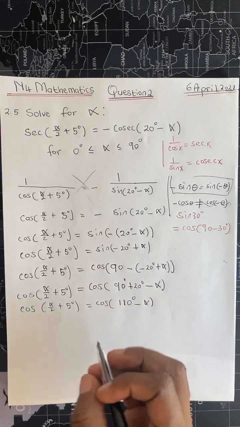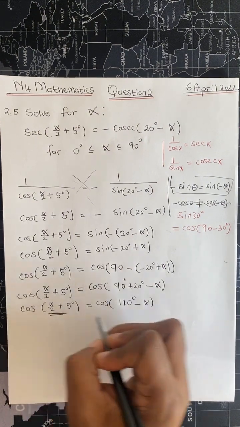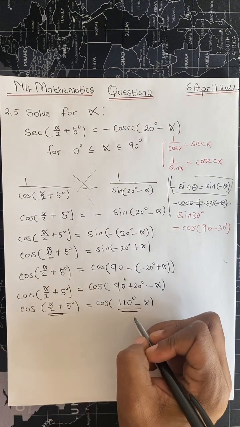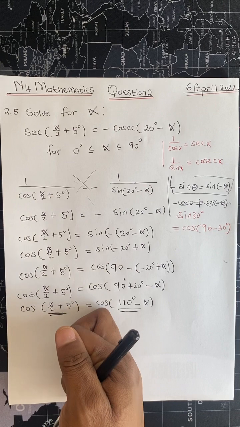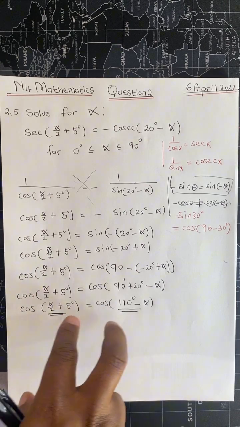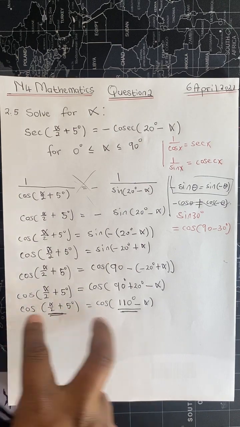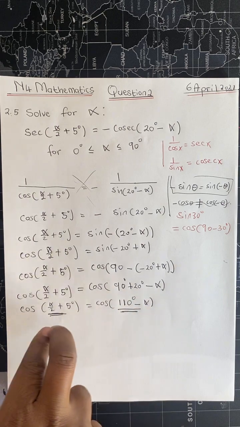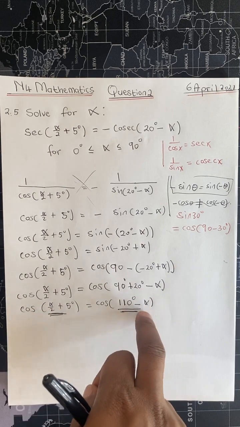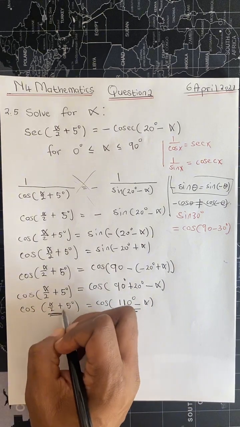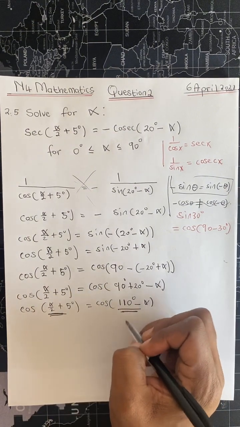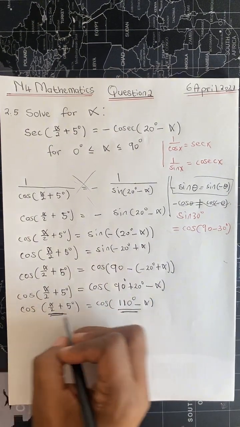So if cos of alpha over 2 plus 5 degrees is equal to cos of 110 degrees minus alpha, it means that whatever is inside them is equal. We have cos on this side, and we also have cos on that side. In order for this cos to be equal to that cos, whatever is inside both of them will also be equal. We are not dividing by cos.